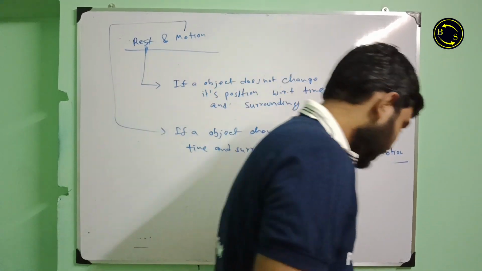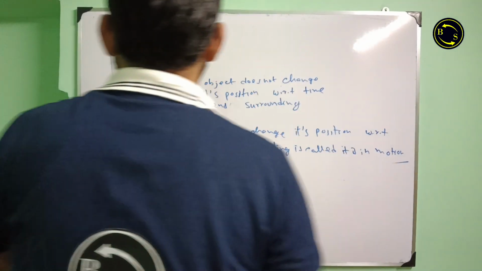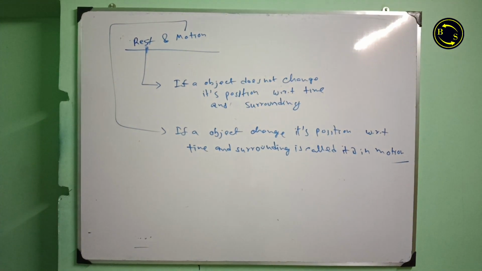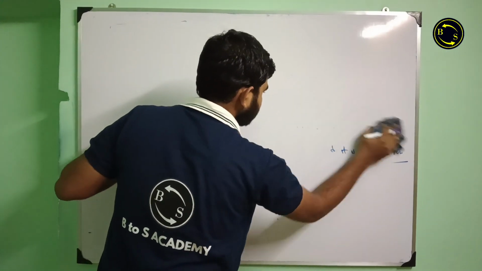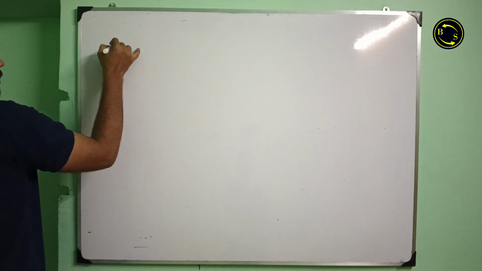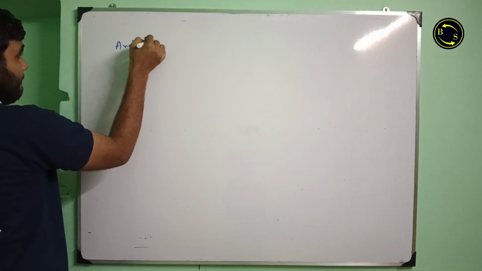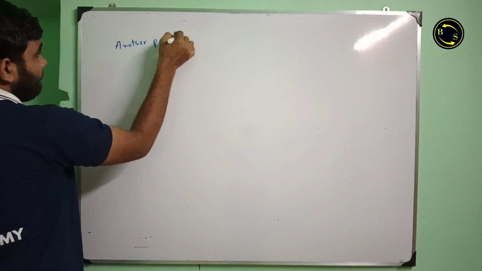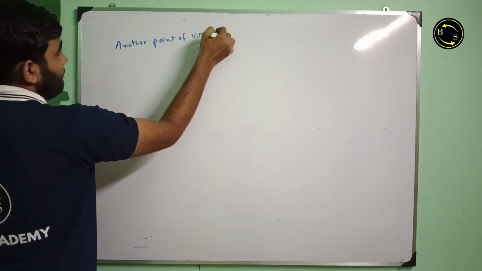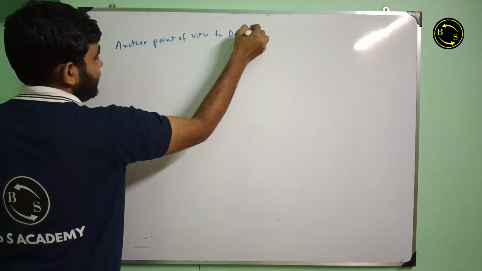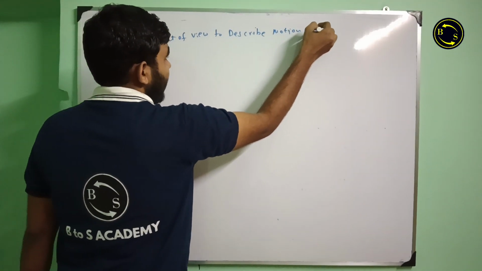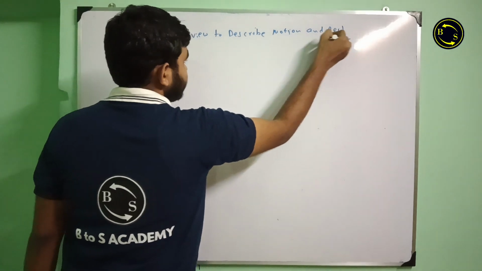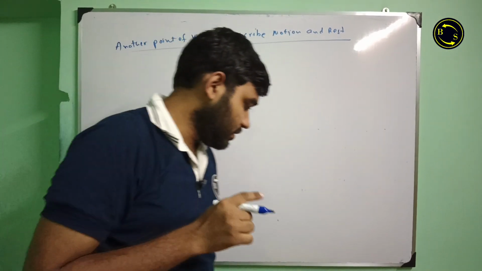Now what we want to try, we can describe the rest and the motion from another point of view. To describe motion and rest, what is the point of view?